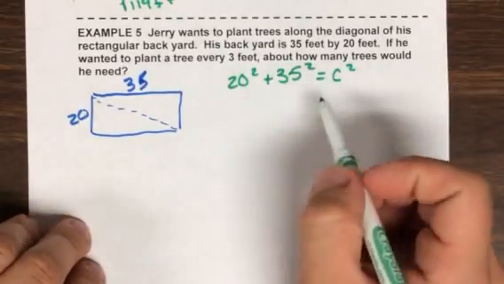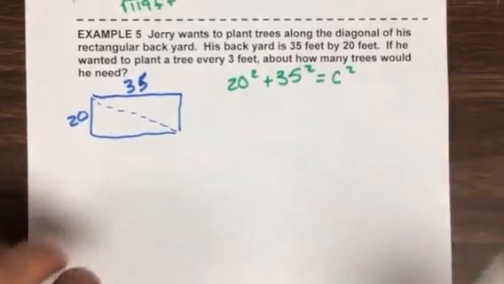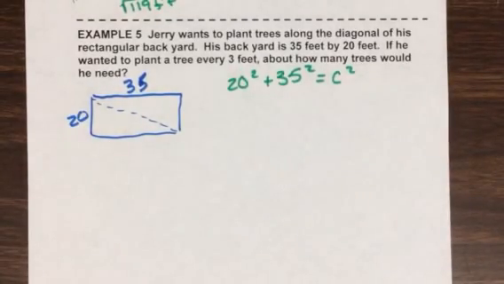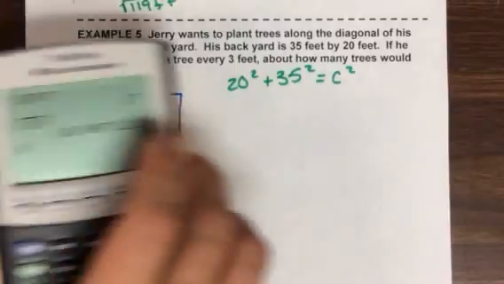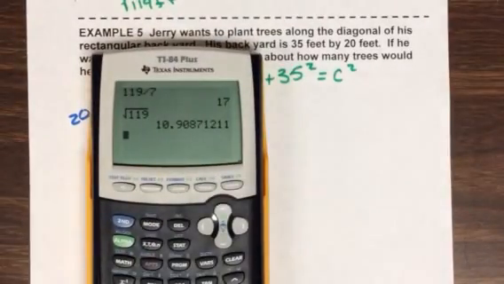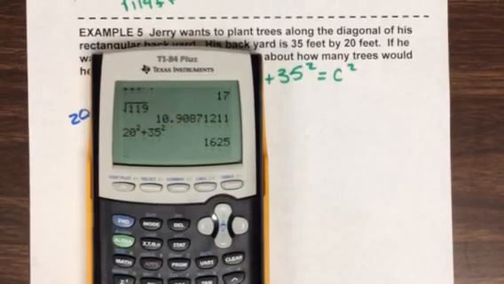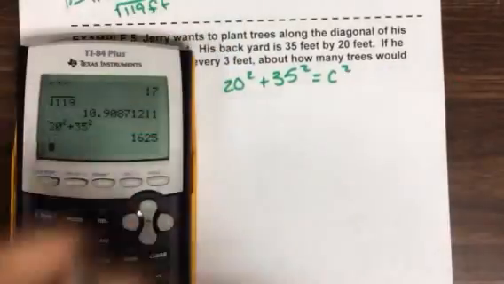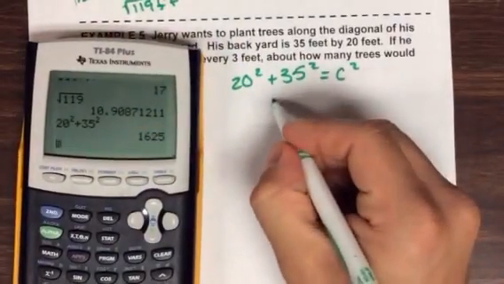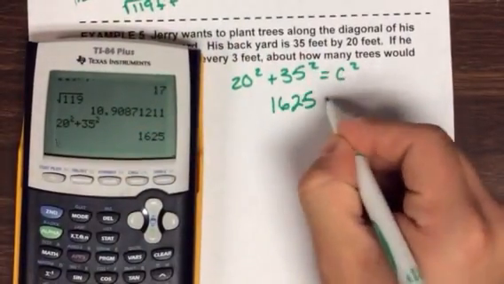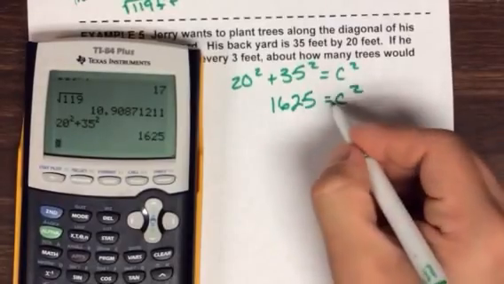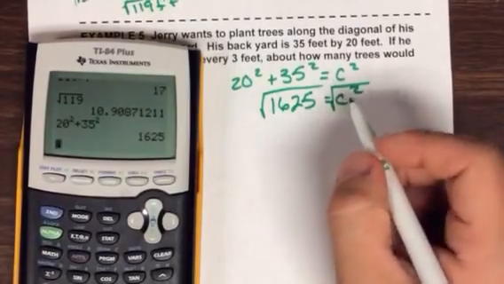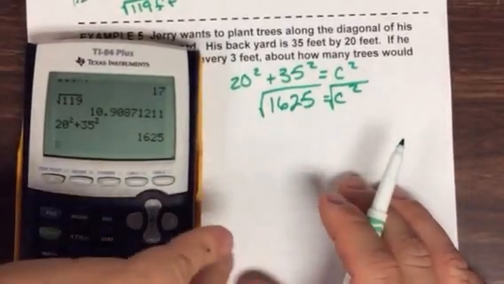Now that these numbers are getting bigger, it's going to take a little bit more math. So I'm going to put it in our calculator: 20 squared plus 35 squared, 1625, would equal c squared. So we're going to take the square root of both sides. 1625 can be broken up.